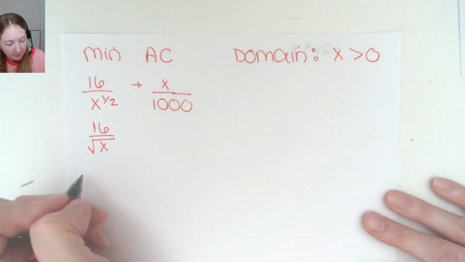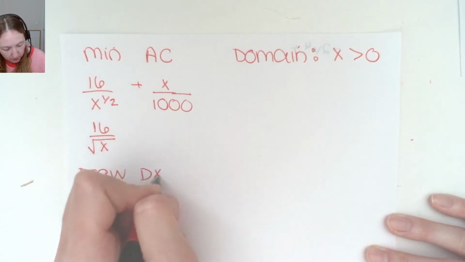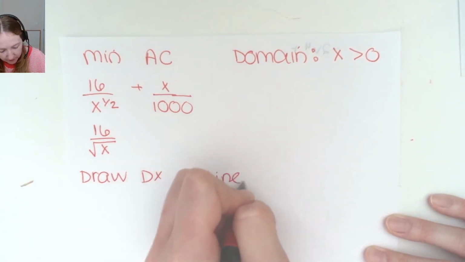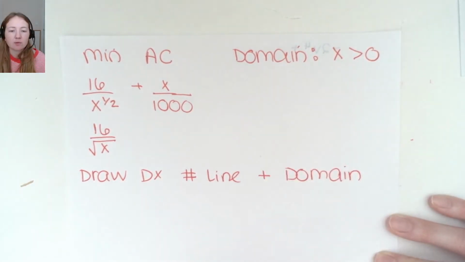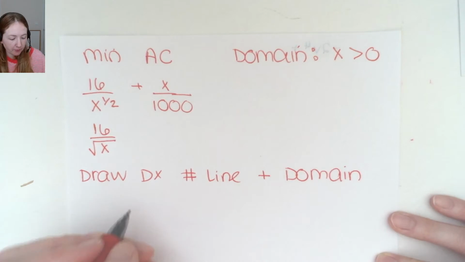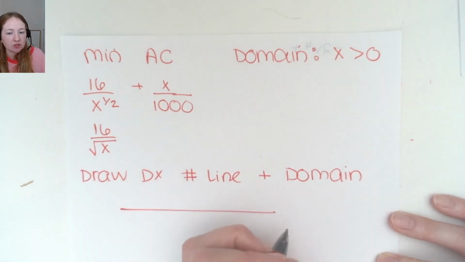So remember that I said, when you draw your derivative number line, you technically want to put this in conjunction with the domain. Because the domain is not all real numbers, we really shouldn't be drawing a number line that goes from negative infinity to infinity.